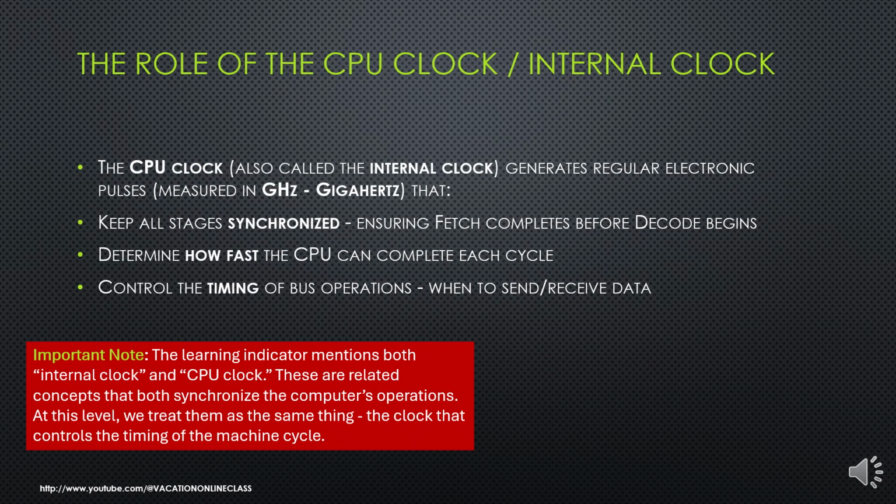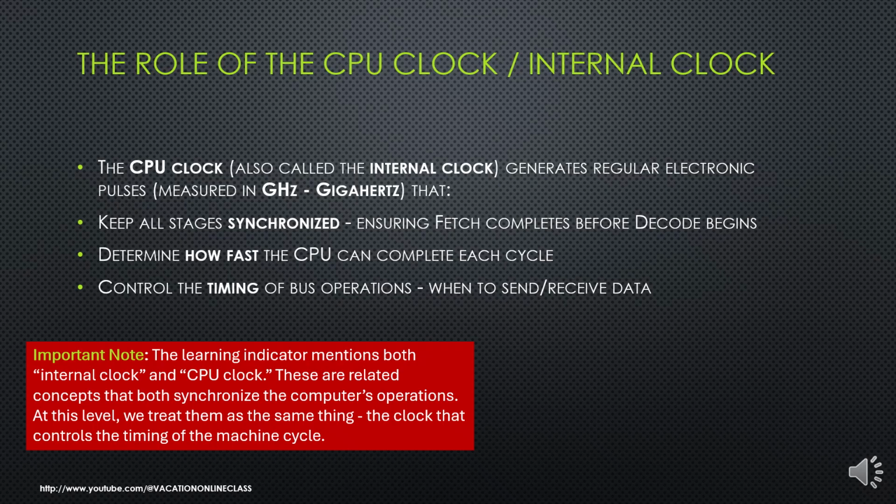We have a sequence of events: fetch, decode, execute, store. But how does the computer ensure that the decode stage doesn't start before the fetch stage is completely finished? The answer lies in the CPU clock.